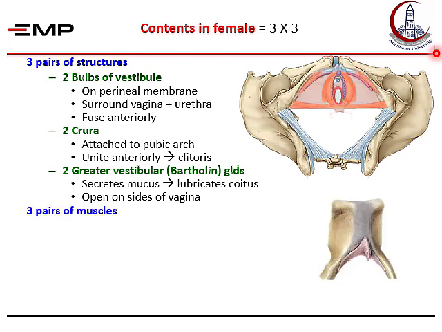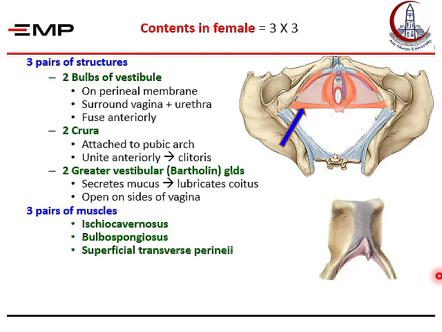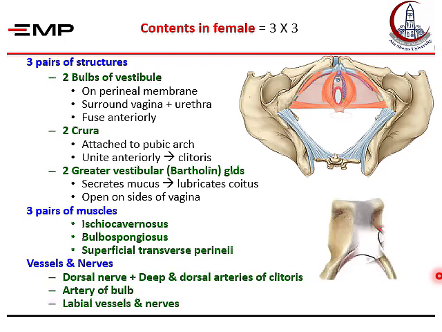Now we have 3 pairs of muscles, same as in the case of the male. We have ischiocavernosus on the crus, and we have 2 bulbospongiosus. They are not fused because we have here the vestibule of the vulva. They are 2 muscles, bulbospongiosus, and we have the superficial transversus perinei.